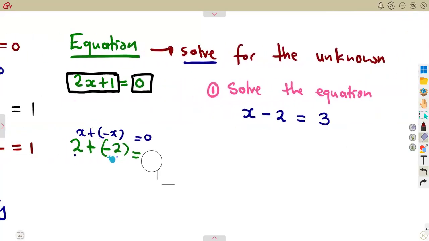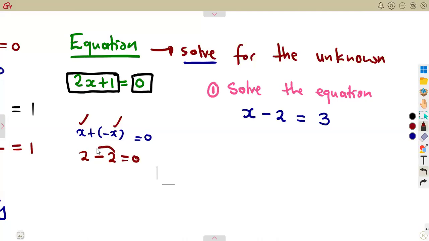So meaning to say from this concept alone, it is simply telling us that if one of the numbers is a positive, the other one is supposed to be a negative, the same number. If this is 2, the other number is supposed to be also a 2, but just carrying a negative so that we obtain a 0.